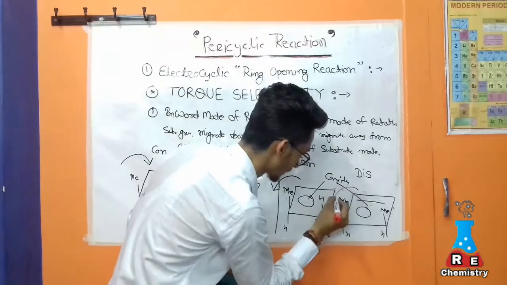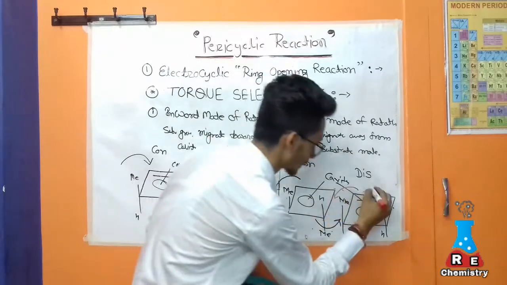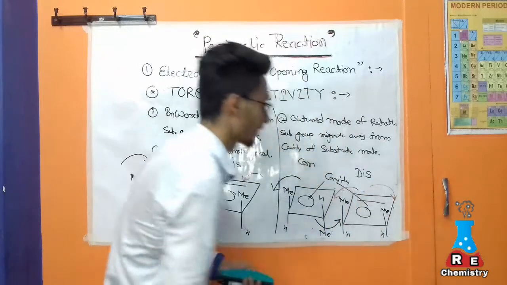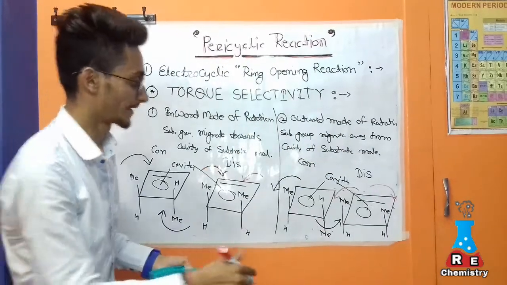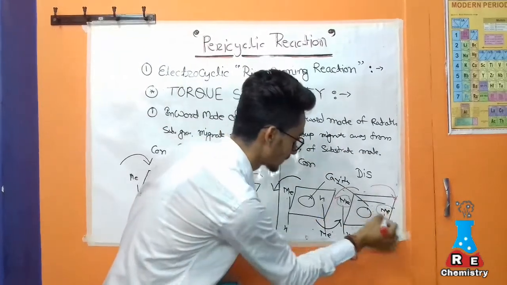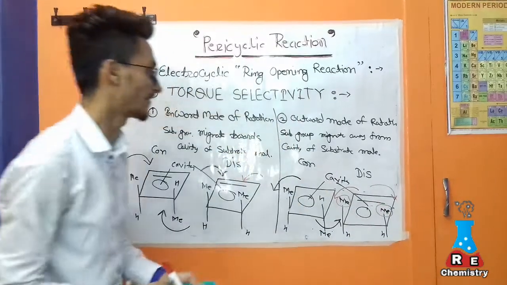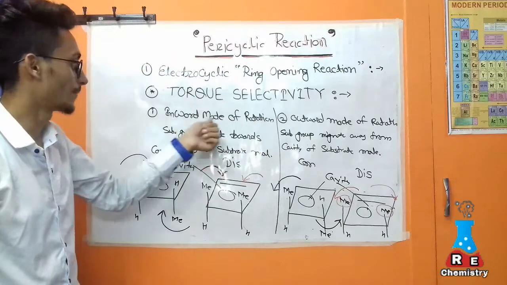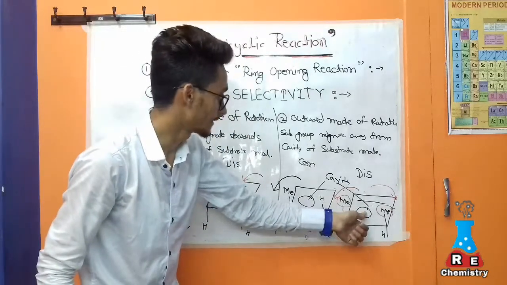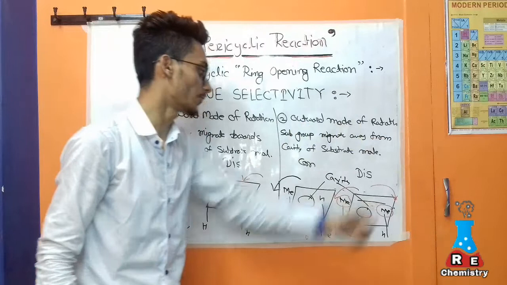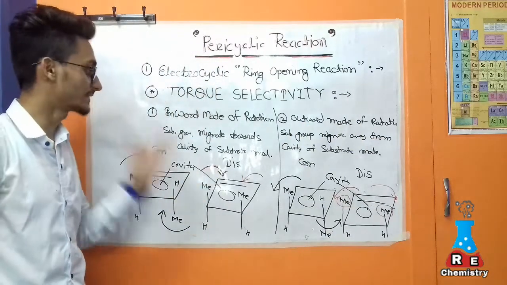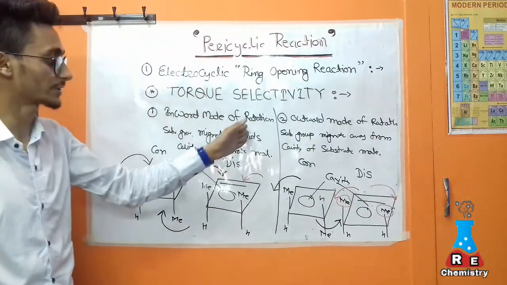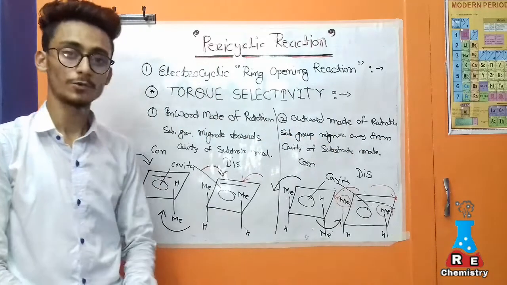If one rotates anti-clockwise, the other rotates clockwise. Both methyl groups move away from the cavity, so this is called the dis-outward mode of rotation. Okay, so this is the difference between the inward mode of rotation and the outward mode of rotation.